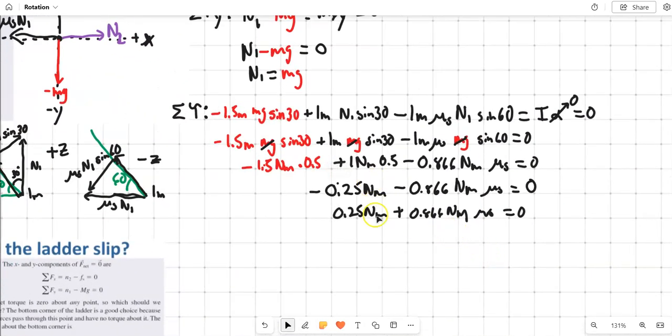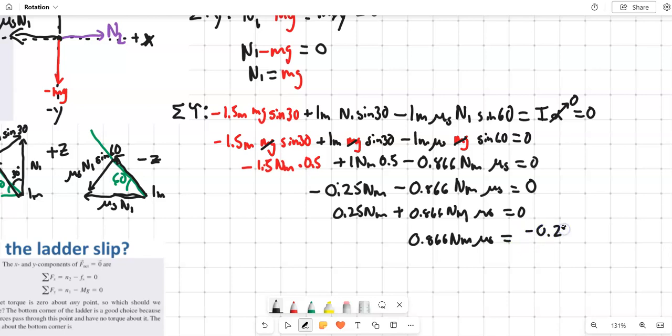And then finally, we're going to put it onto the other side. So here we go, 0.866 Newton meters mu sub s. Bring it on the other side to get negative 0.25 Newton meters.